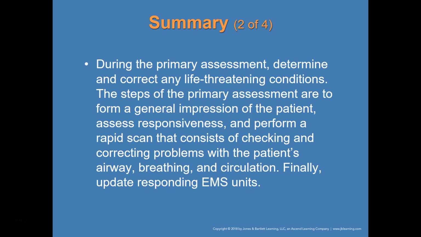In our primary assessment, we're going to determine and correct any life-threatening conditions. Remember, the primary assessment is to treat and correct life-threatening conditions. This is going to give us a general impression of the patient, assess responsiveness, rapidly scan the ABCs, airway, breathing, circulation, and then we're going to quickly call a report to any responding EMS units.